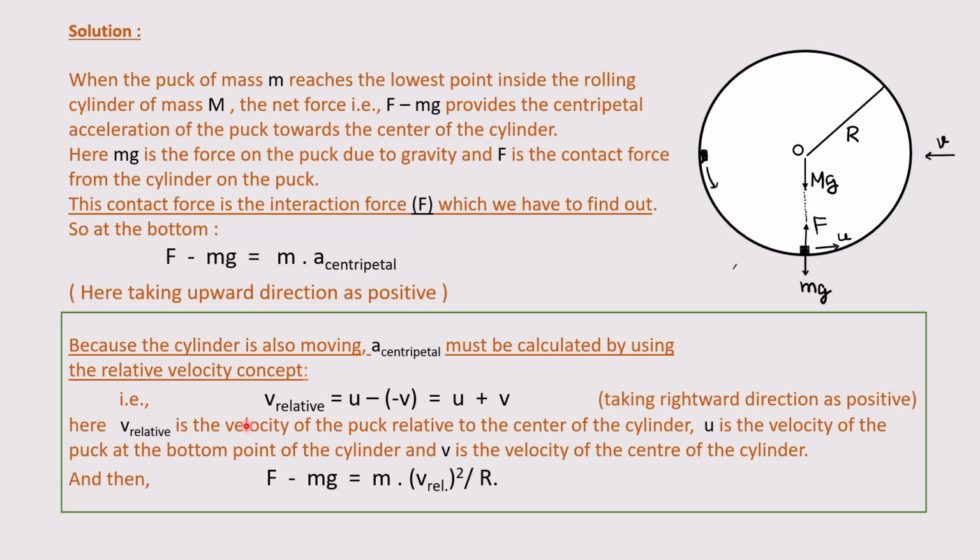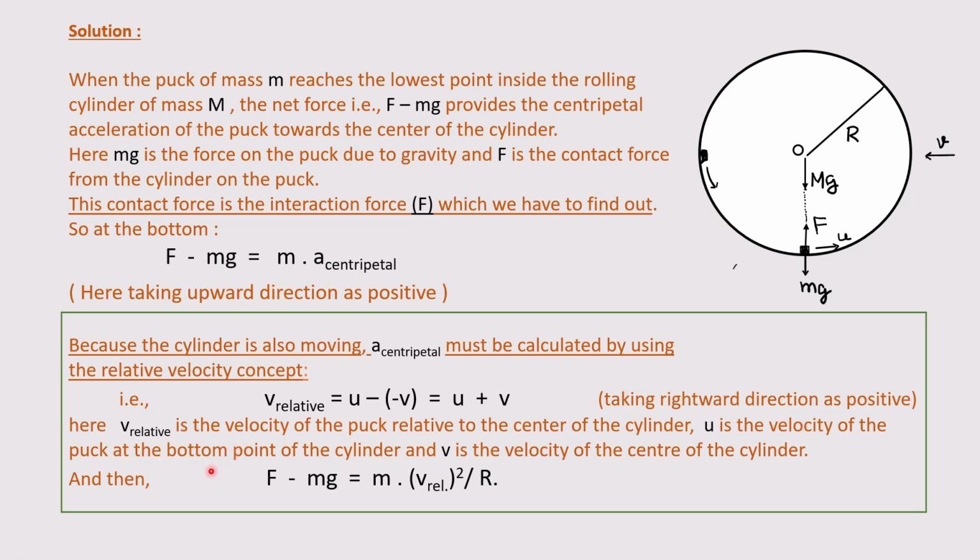That is, the velocity of the puck relative to the center of the cylinder. Let u be the velocity of the puck at the bottom point of the cylinder and v the velocity of the center of the cylinder. So it can be written as v relative is equal to u minus (minus v), that is u plus v. Here we are taking the rightward direction as positive.